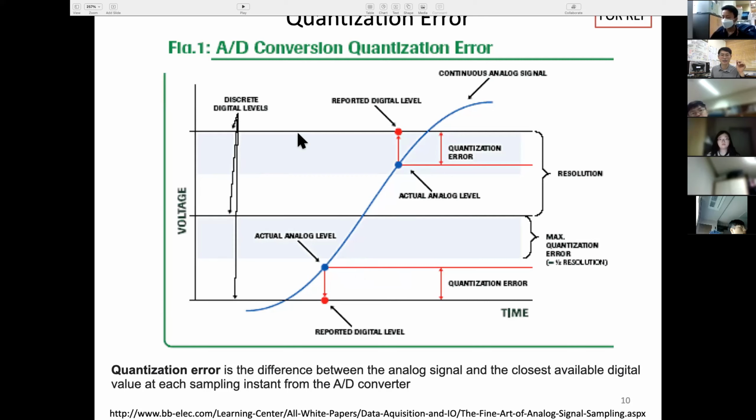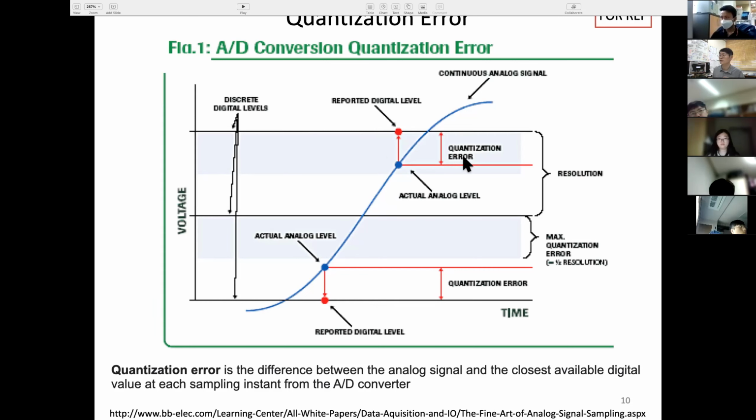So how we collect the signal is we assign this point to the nearest level, which is this one. And for this one, the nearest level is not here, but this one. So this is reported as the digital level. Then you can see that inevitably there's a difference between the actual signal and our recorded one. That level change is due to the quantization of our signal collection level.